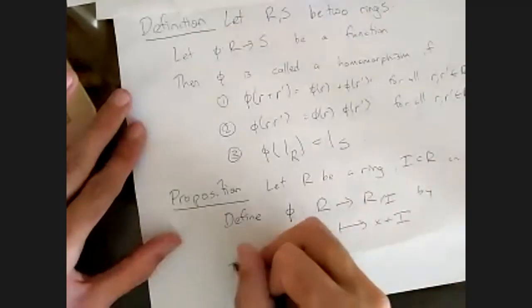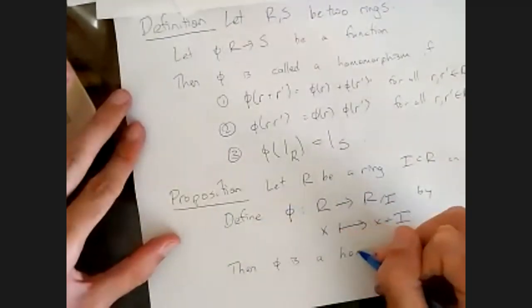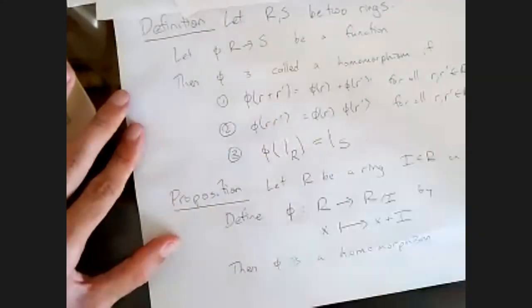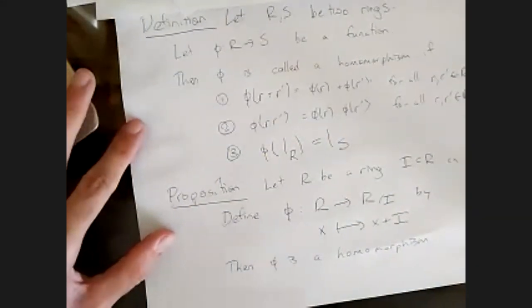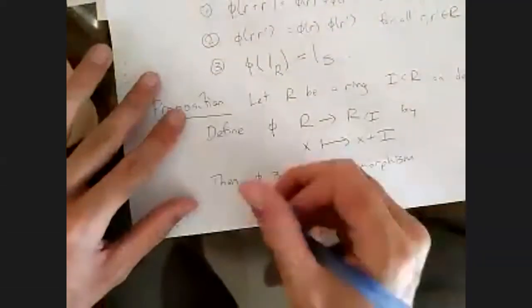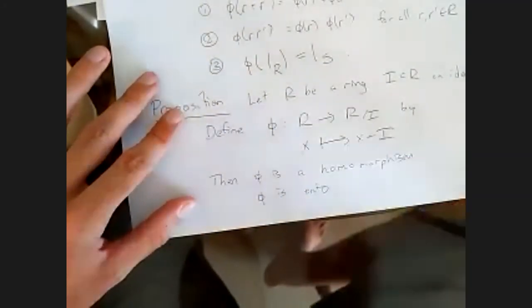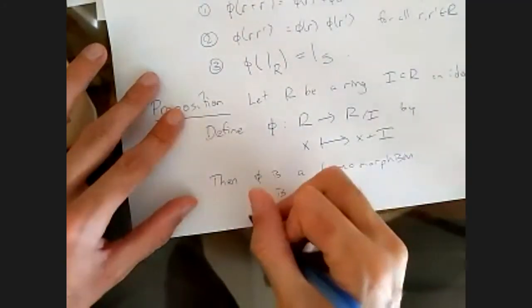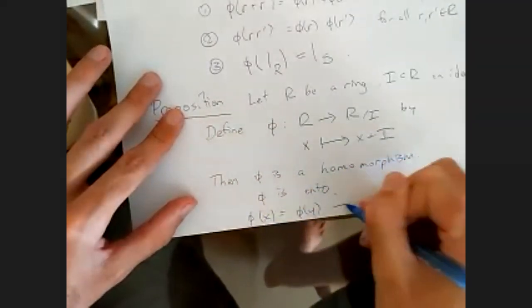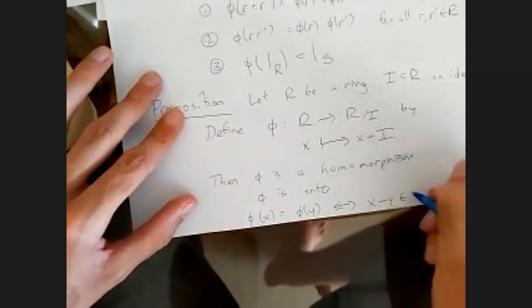Then phi is a homomorphism. Not only that, phi is onto, and phi of x equals phi of y if and only if x minus y is in the ideal.